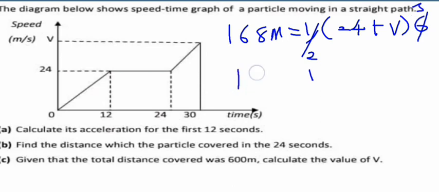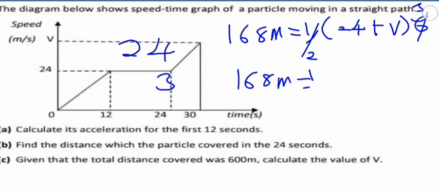So we have 168 meters is equal to, so we are multiplying 24 multiplied by 3, this 3 here. Okay, so 3 multiplied by 4, we are going to get 12, that is 2 remainder 1. Then 3 multiplied by 2, that is 6 plus 1, that is 7.